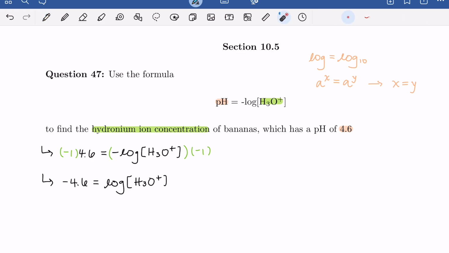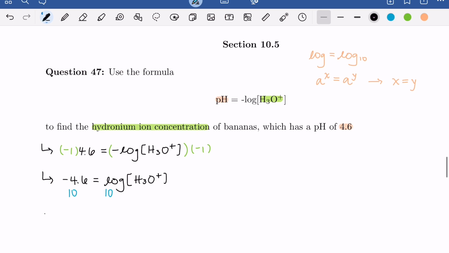So what we can do to get this hydronium ion concentration by itself is take both sides of this equation to a base 10. Doing that, we're going to have 10 to the negative 4.6 is equal to 10 to this log expression here.